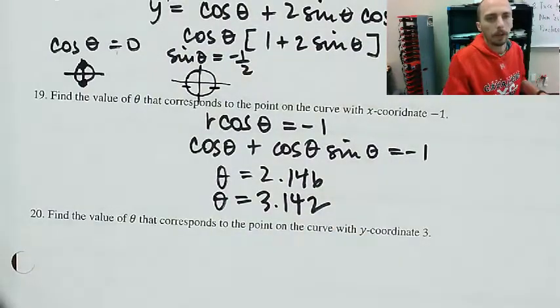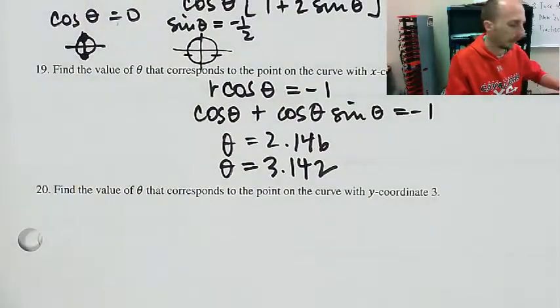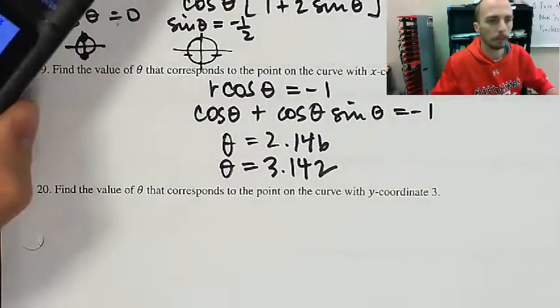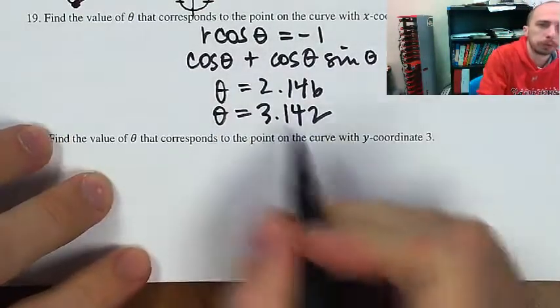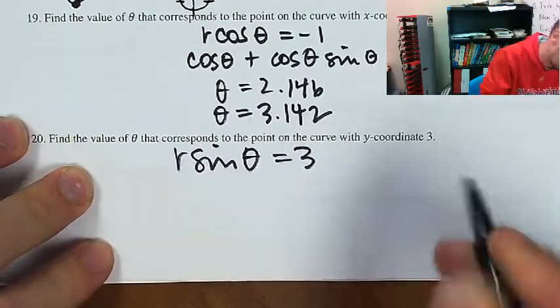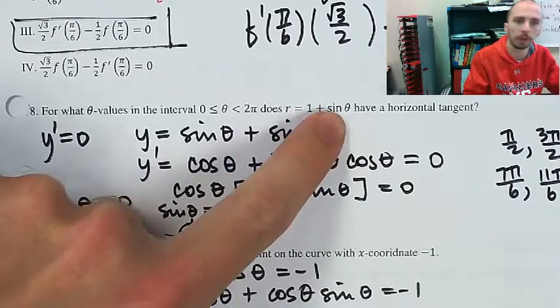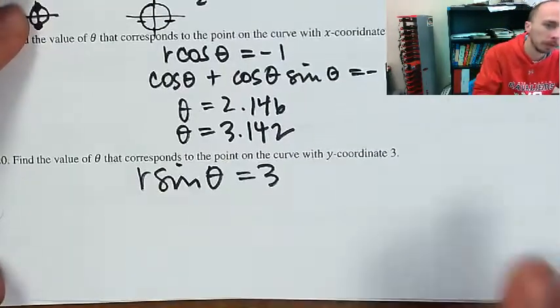Okay. Find the value of theta that corresponds to the point on the curve with y coordinate 3. Oh, it looks like I can pick this up in a minute. All right, so now I need r sine theta equals 3. Okay, r is 1 plus sine theta, so r sine theta will be sine theta plus sine squared theta.